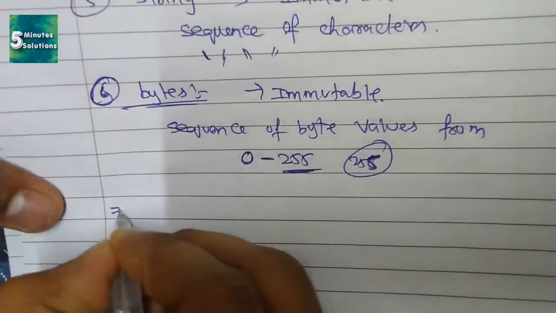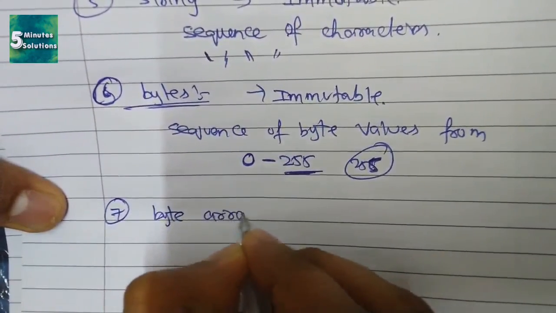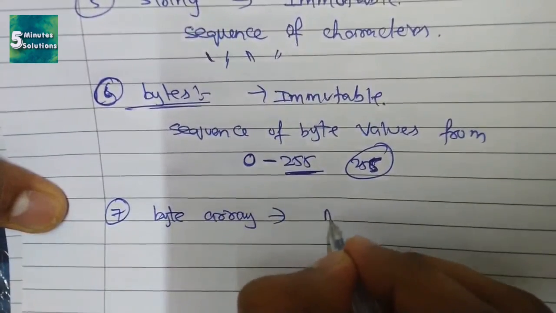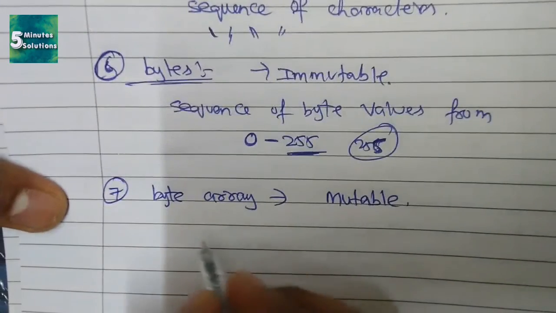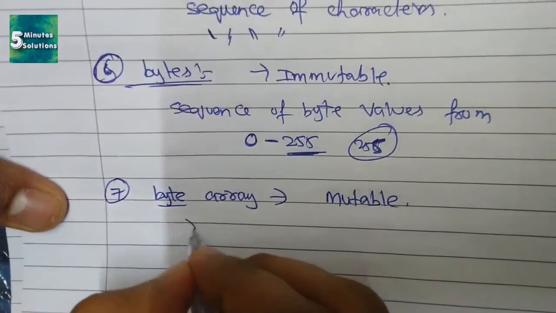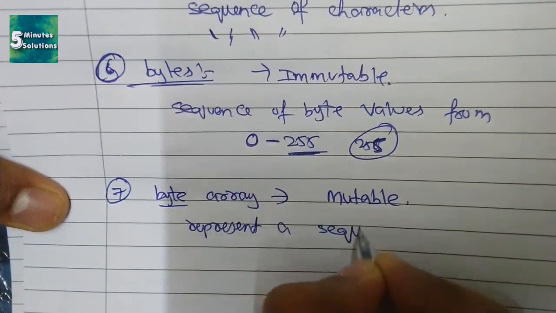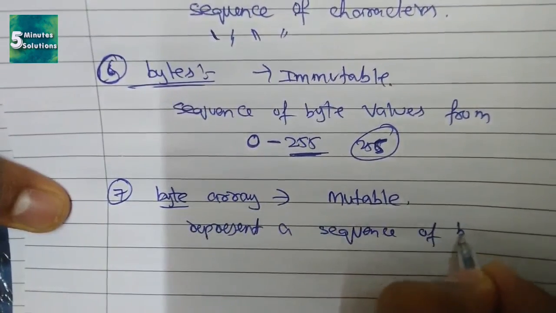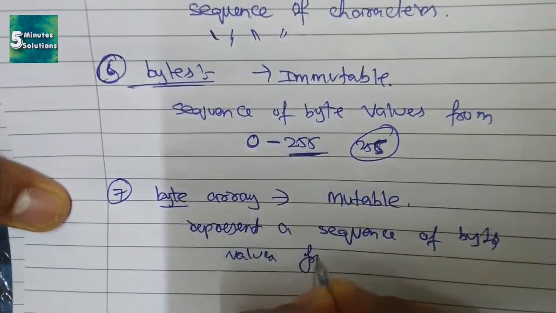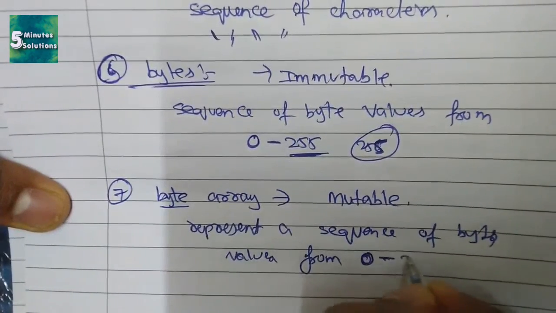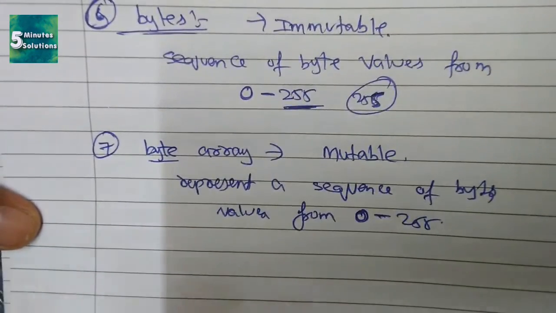Seventh one, byte array. Byte array is mutable. That means it can be modified. Byte array is used to represent a sequence of byte values from 0 to 255. It is the same as bytes.